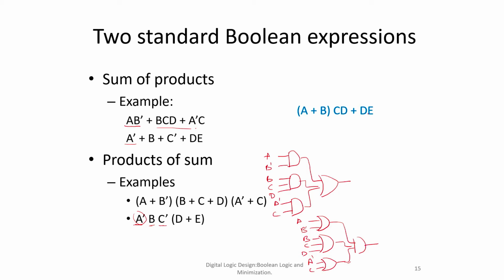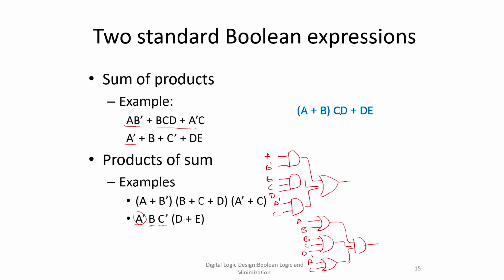And again D and E is a product term, and it's getting summed here. So that means this is neither sum of product nor product of sum. The reason is because it's a mixture of both.